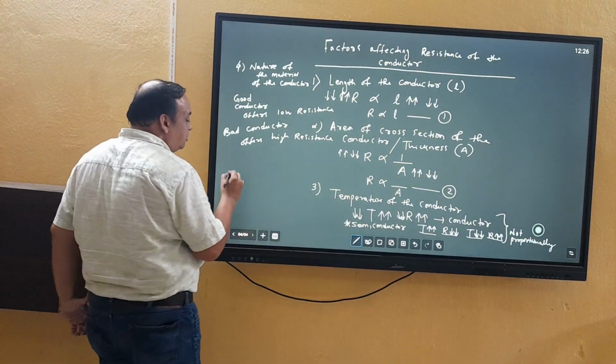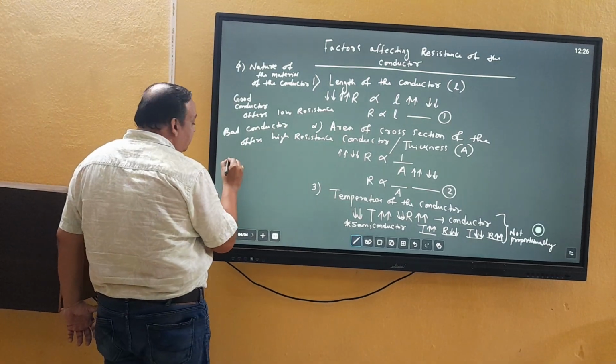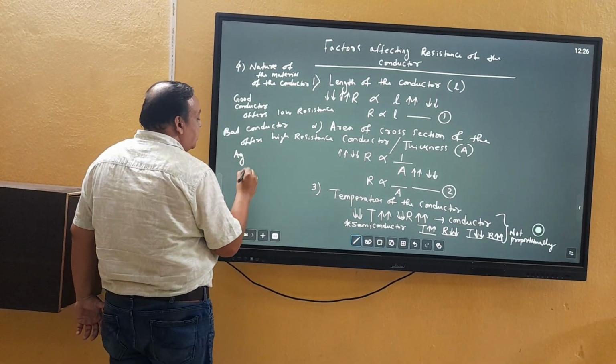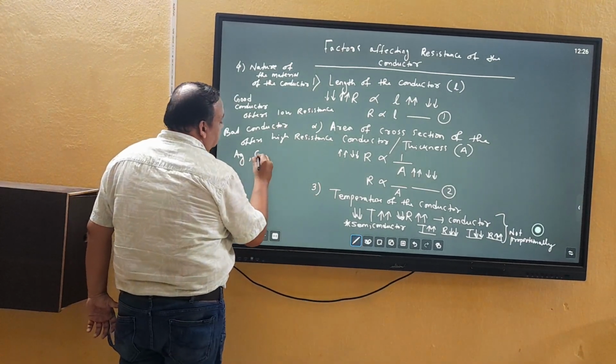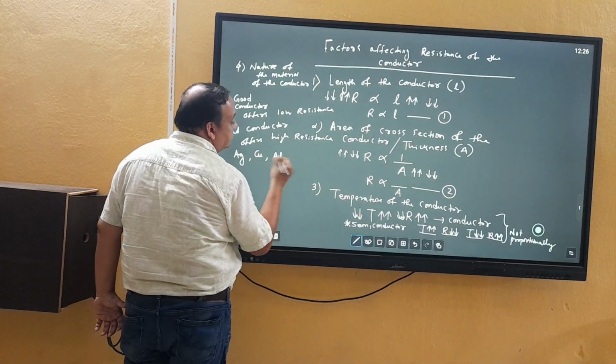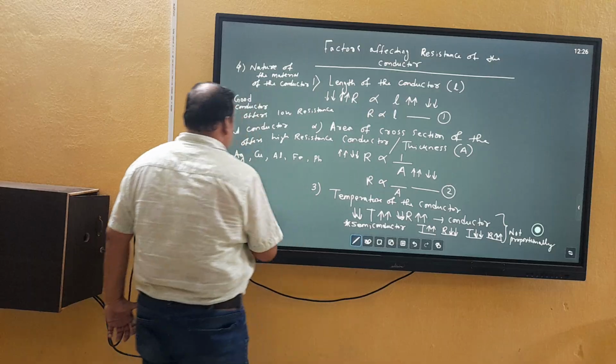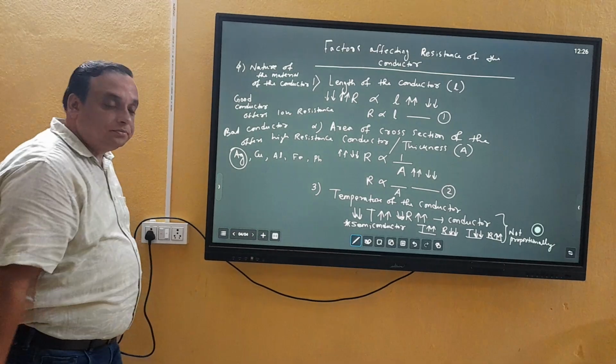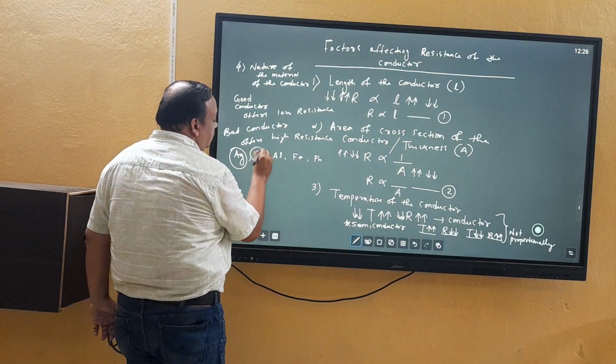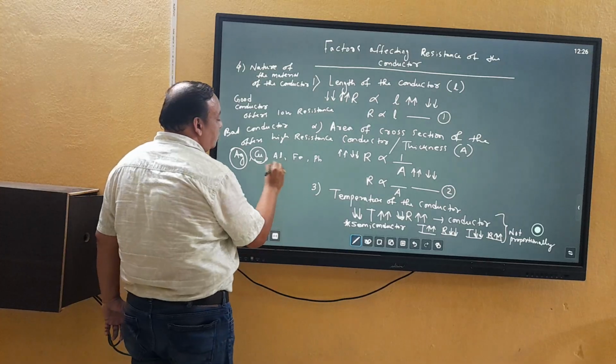You will go for a classification. The best conductor is silver. Then it is copper, then aluminum, then iron, then lead. The next to silver is copper, the next to copper is aluminum.